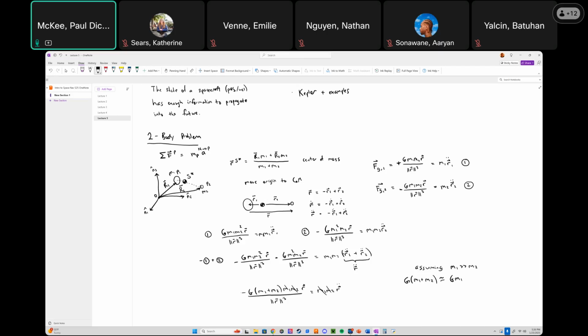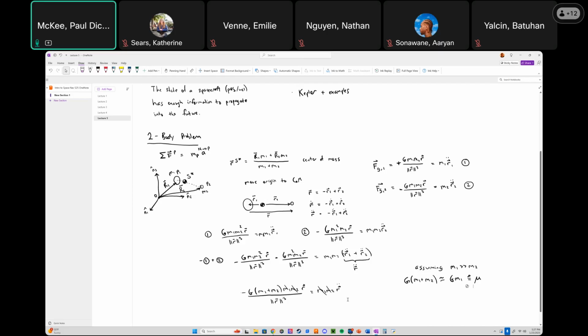We're going to assume that the mass of the second particle is negligible. And then we're going to define that G m1 is called mu. Mu is the gravitational parameter. It could be the gravitational parameter of the Earth, but it's the gravitational parameter associated with a massive body floating in space. Okay. And this triangle on top means is defined as. So we are introducing mu as some new character, which is just G m1.